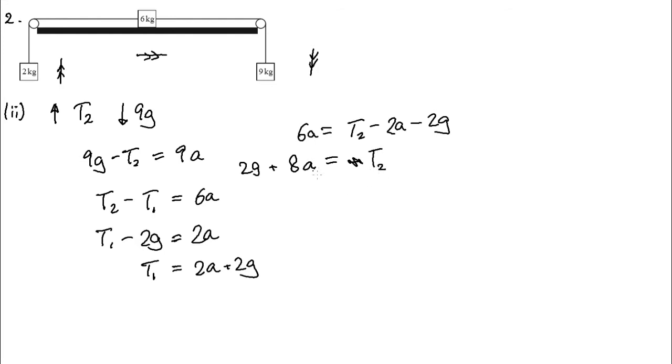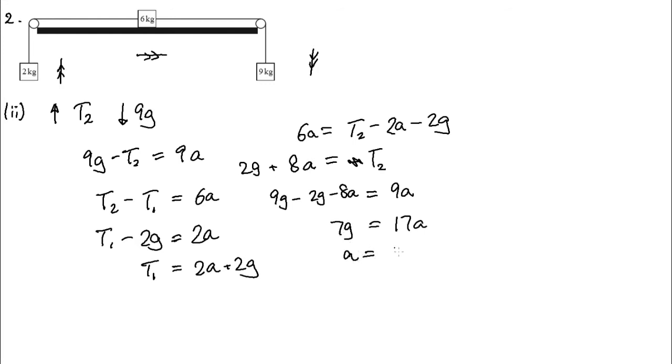So we have an expression for T2 already, and if we plug that in, 9g take away 2g take away 8a is equal to 9a. By rearranging everything, we get 17a equals 7g.